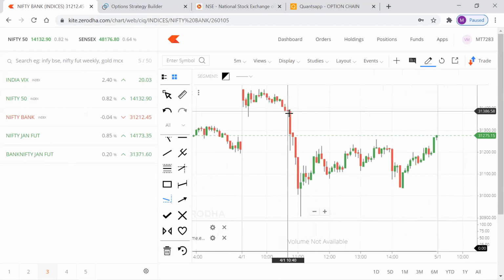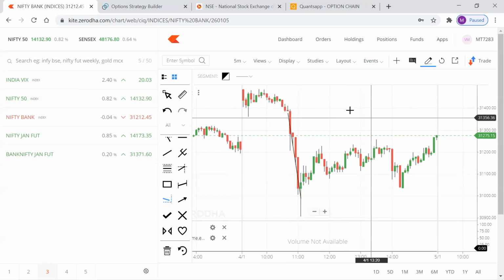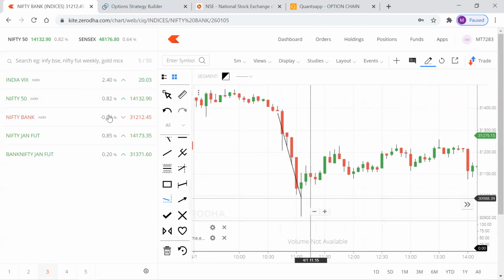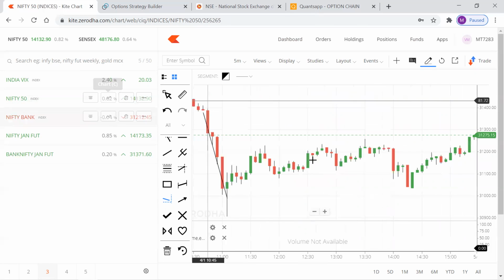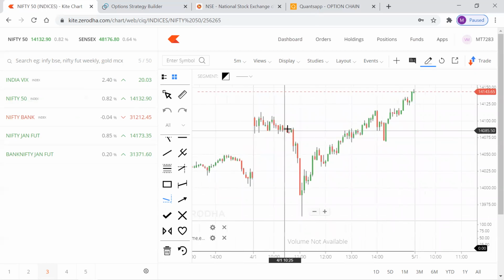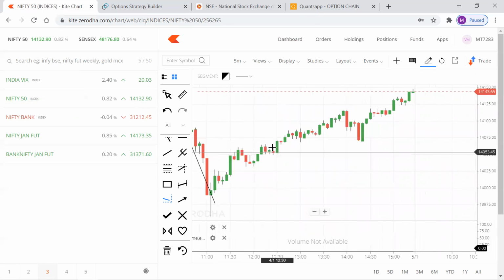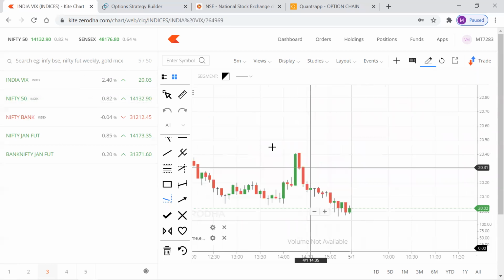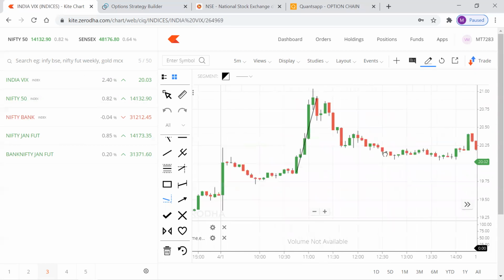See, drastic movement in Bank Nifty. That can happen if VIX rises. Let's look at Nifty. See, drastic fall. That happened because there was a spike in Vega.